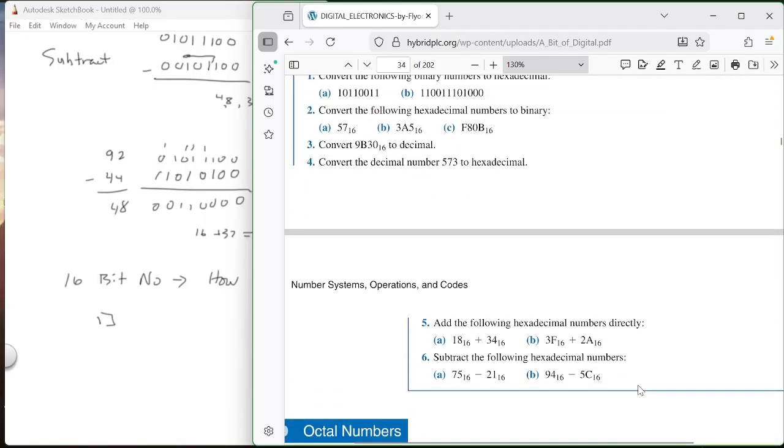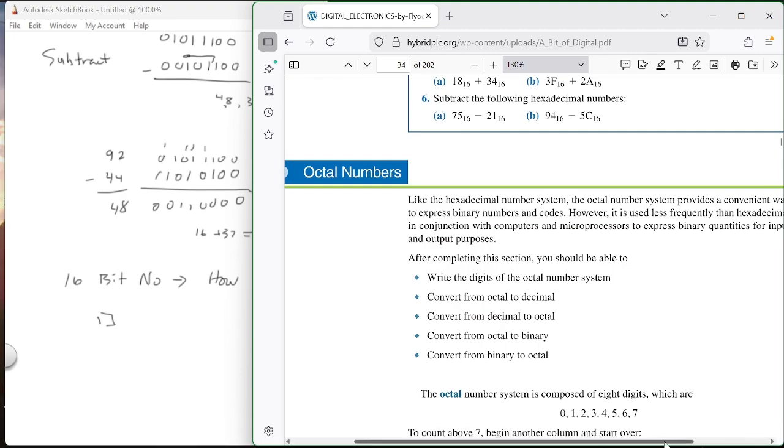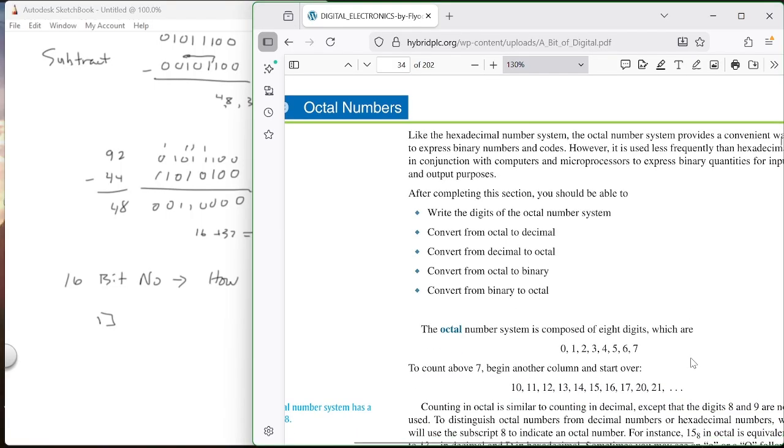How about other types of operating systems or whatever? What is octal? Base 8. Octal, OCT, 8. Are there any computers that have octal in them today? The answer is probably no. There may be a few. Now, where did octal come from?